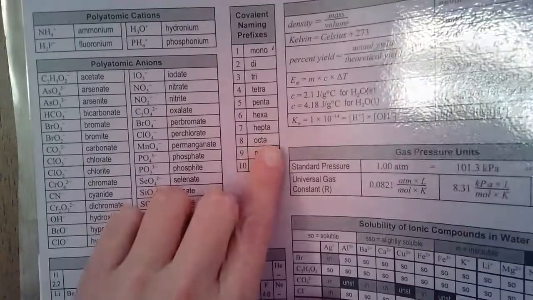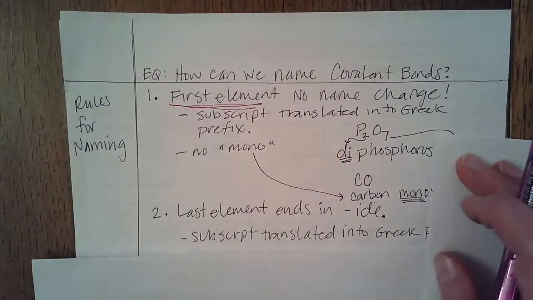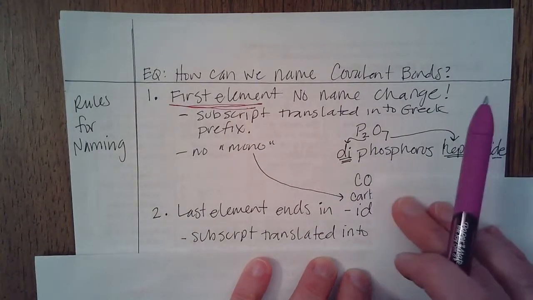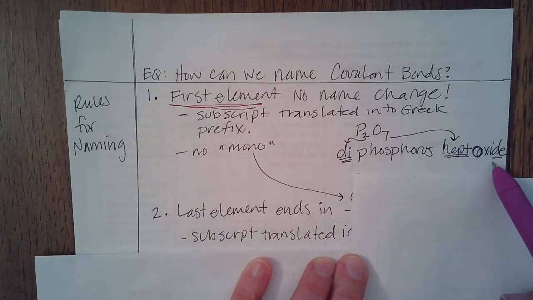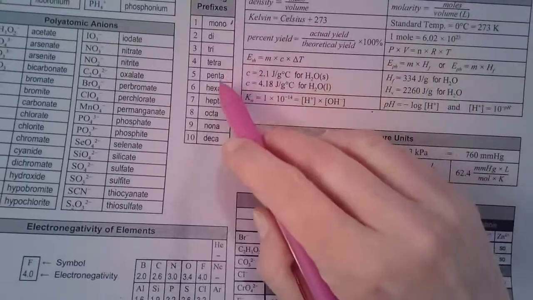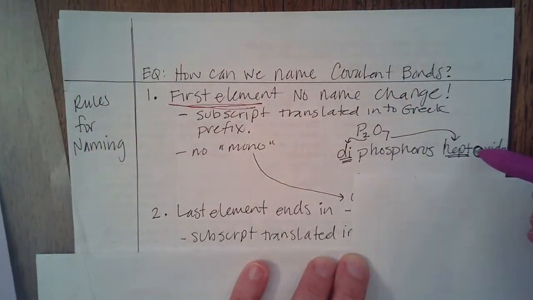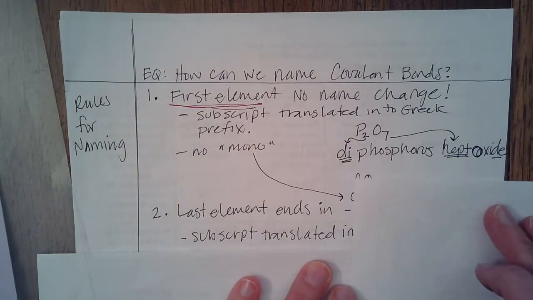And we look at 7, and 7 is hepta. So this is going to be heptoxide. Notice I got rid of the A right here because this was hepta. And I'll explain that in a second.